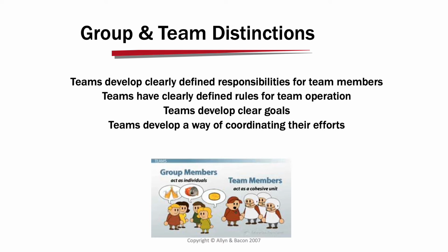And when you have each group member with certain responsibilities and utilizing their strengths and their skill sets, and you have very specific rules of how it's going to operate, you have a really clear goal, teams tend to be more cohesive in working together. And so not all groups are a team, but all teams are a group. The idea would be it would be great if we could have a group become a team. That would be ideal.